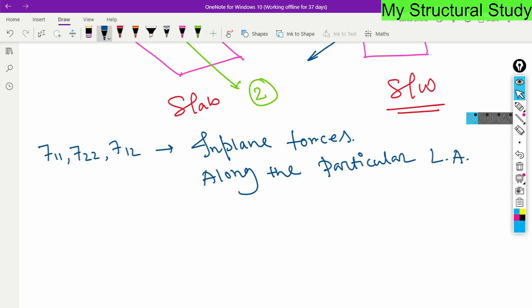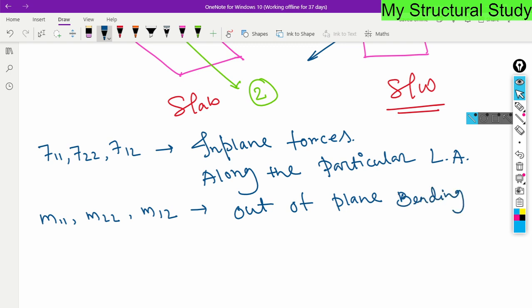Now this M11, M22, M12, these are the out-of-plane bending moments, and these are also along the particular local axis.